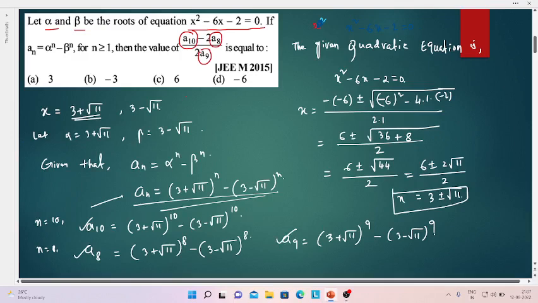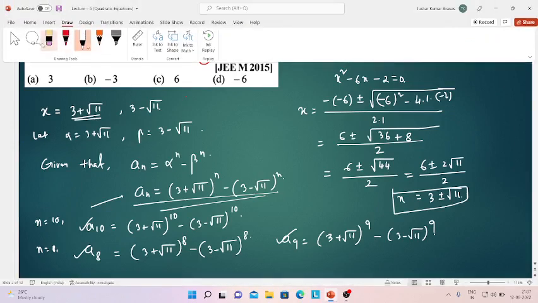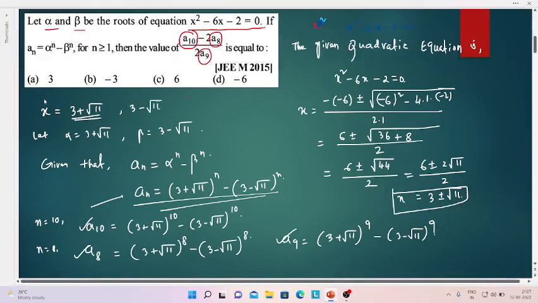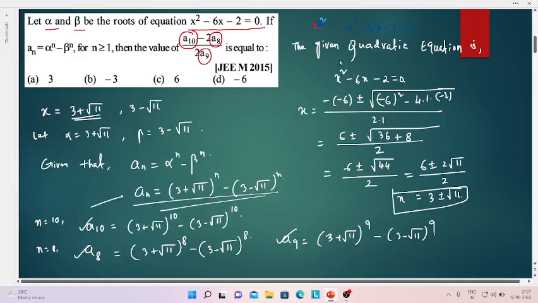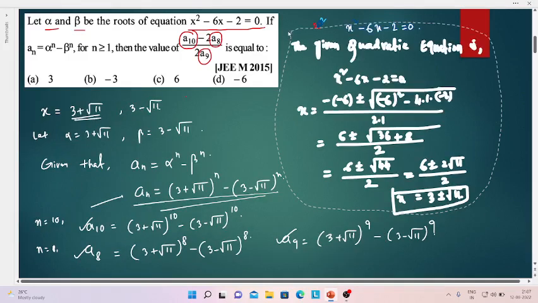So we have to substitute these values in the given expression, which is (a₁₀ − 2a₈) upon 2a₉, right? Let me first erase all these things so that we'll have more space to do the work.